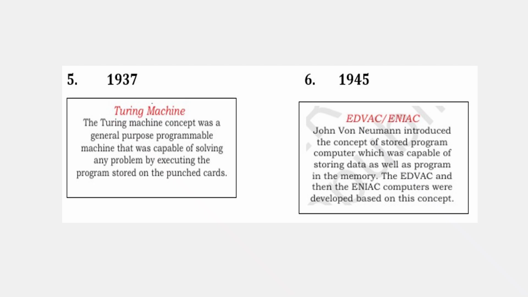Both concepts were credited to the scientist John von Neumann and introduced in the year 1945. This was the concept of the stored program computer, which was capable of storing the data as well as the program in memory. The EDVAC and ENIAC computers were developed based on this concept, called the stored programming concept.